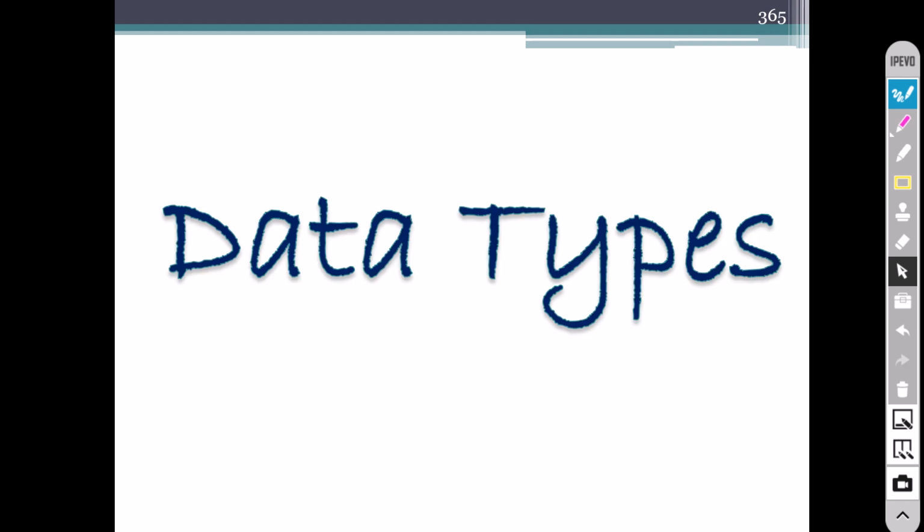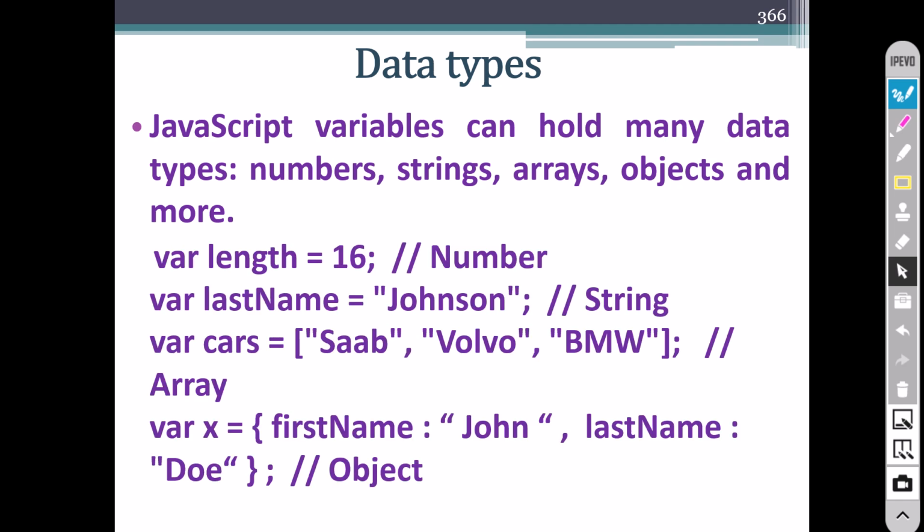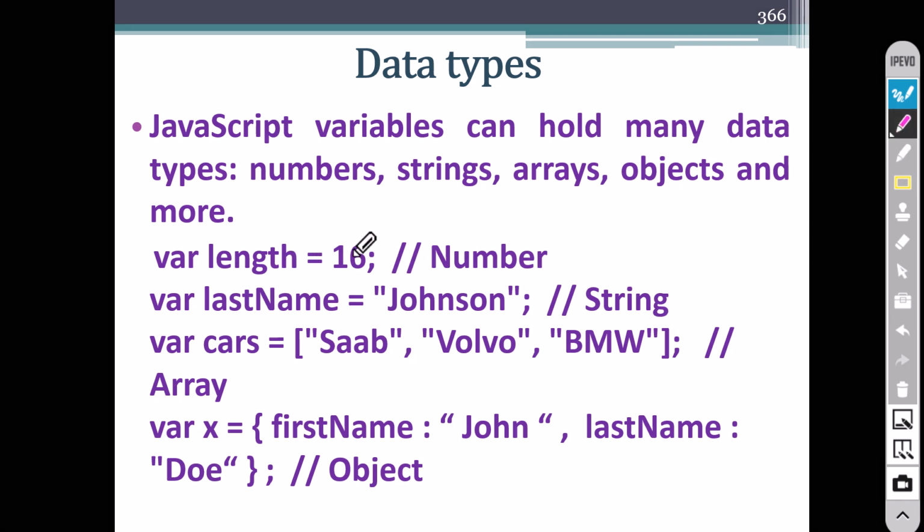We talk about data types. JavaScript can hold many data types like numbers, strings, arrays, objects, and more. So we have seen the number, where you directly assign a number, and then also the string we have seen, last name Johnson.